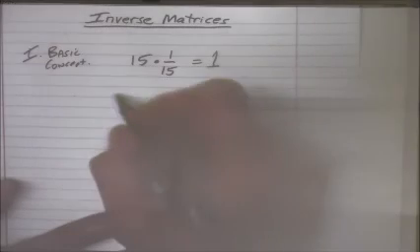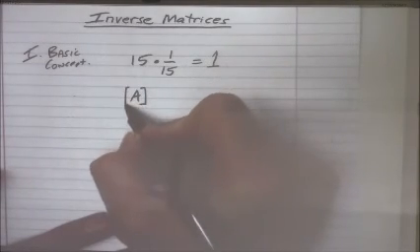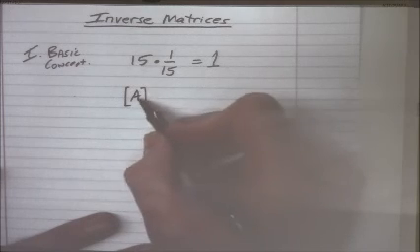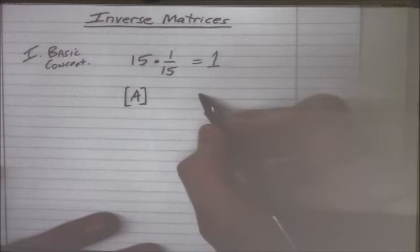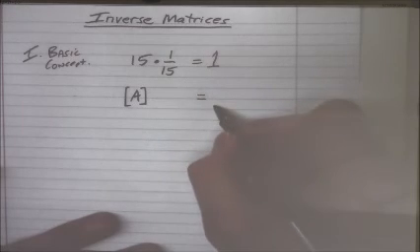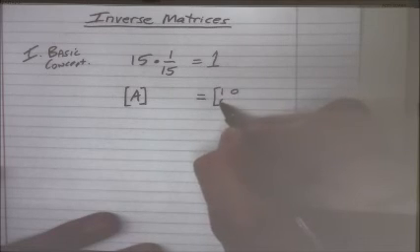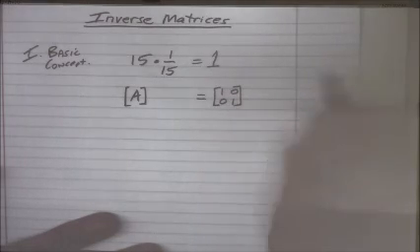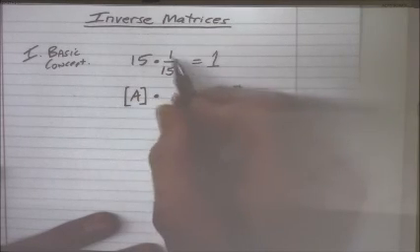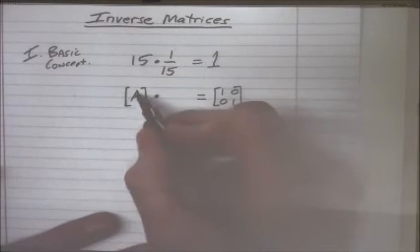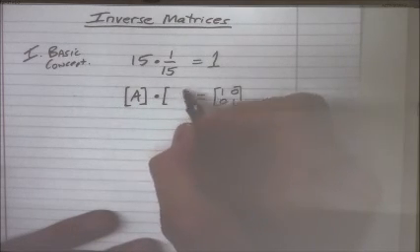So in the world of matrices, we have a matrix A, whatever A is, 2 by 2, 3 by 3, whatever it might be. It will equal the number 1, which in matrix terms is the matrix 1, 0, 0, 1. When we multiply it, what we would call the reciprocal here is actually this matrix to the power of negative 1.